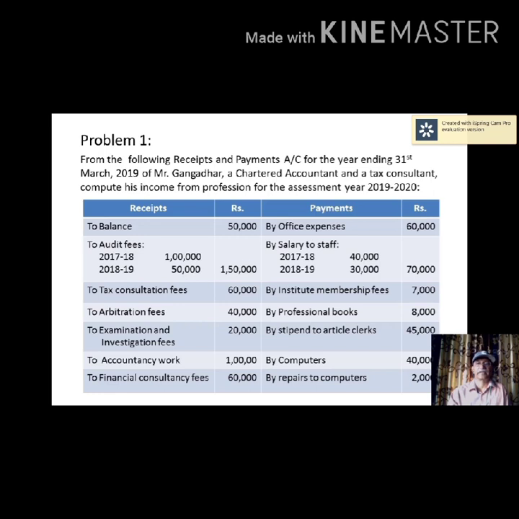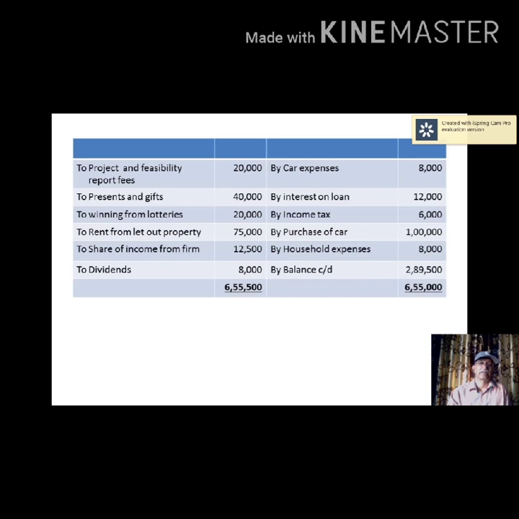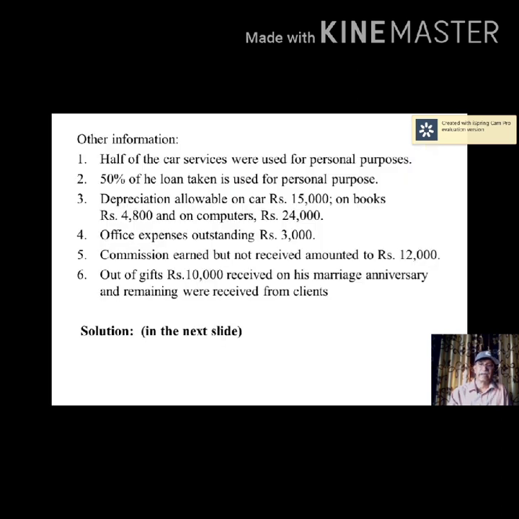This is a receipts and payments account, followed by certain additional information. So you have to consider this additional information in order to solve the problem. So we'll take items one by one.